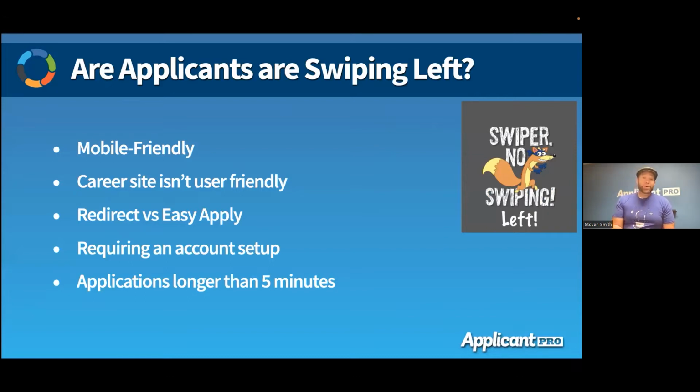Another thing is your career website. Somebody goes to your website, and where in the world is the careers page? That is the number one thing I hear from a lot of applicants. They say, well, I went to the website and I could not find the career site. A lot of manufacturing companies are old school, where you have to scroll all the way down to the bottom of the website, and then you'll find a little tiny button that says careers or jobs or employment.